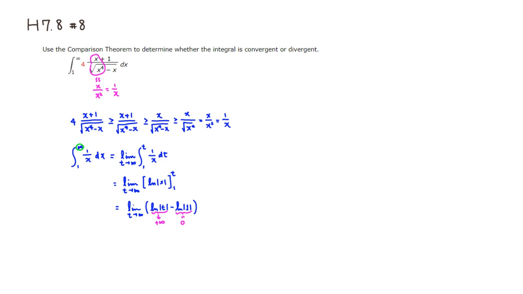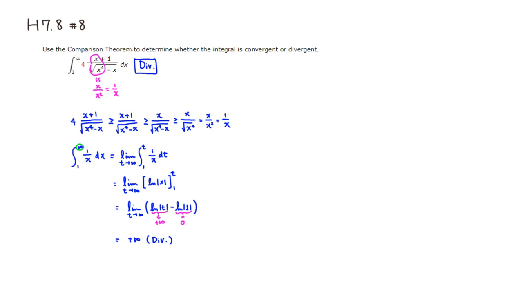So we have positive infinity, which indicates that this is divergent. By the comparison theorem, since the smaller function's improper integral diverges, the original one is even larger, so it also diverges.